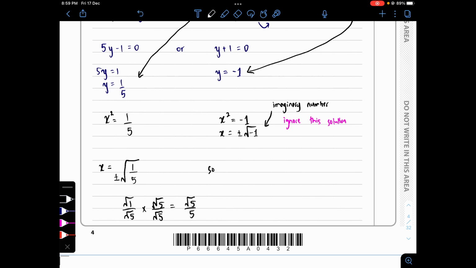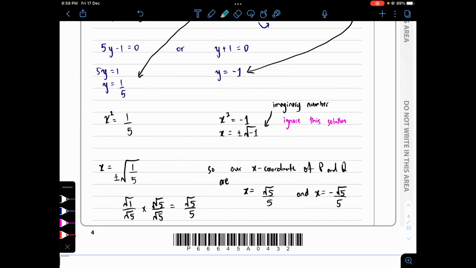So our x coordinates of P and Q are x equals positive root 5 over 5 and x equals negative root 5 over 5.